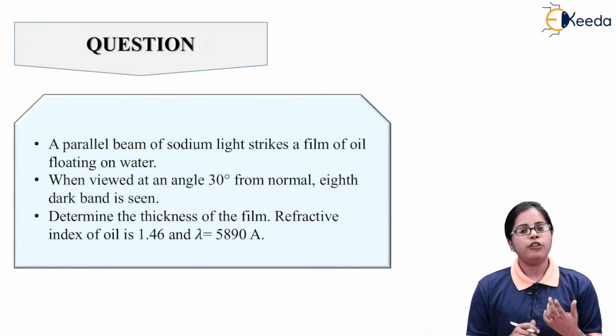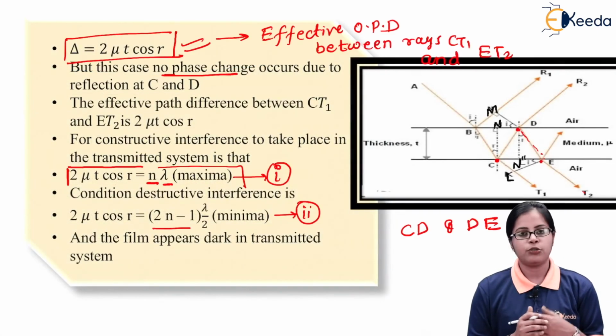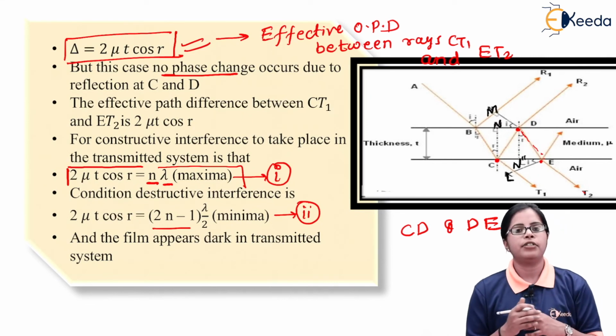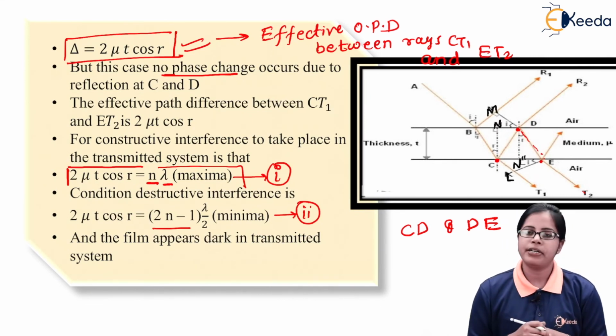So we have done two conditions, that is one for the reflected system and the other one for the transmitted system. Now the most important thing over here is that if you look at the conditions for maxima and minima for the reflected system, and the conditions for maxima and minima for the transmitted system, they are just opposite of each other.